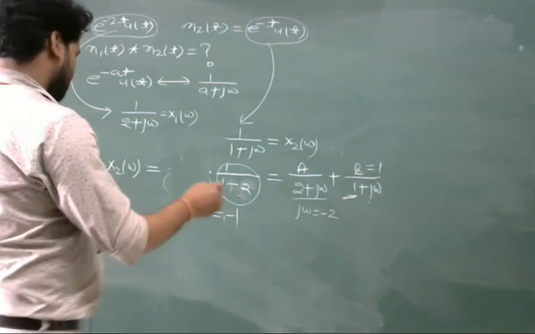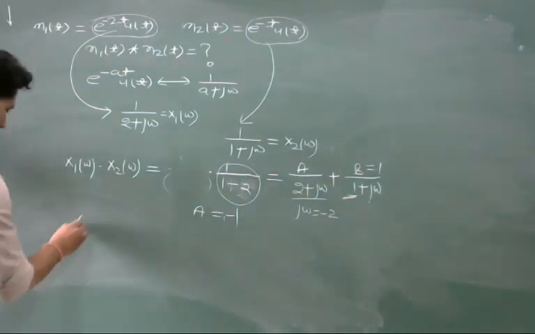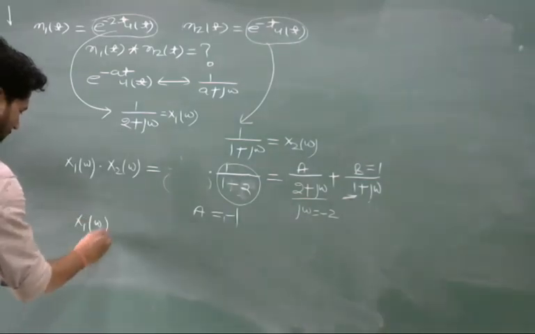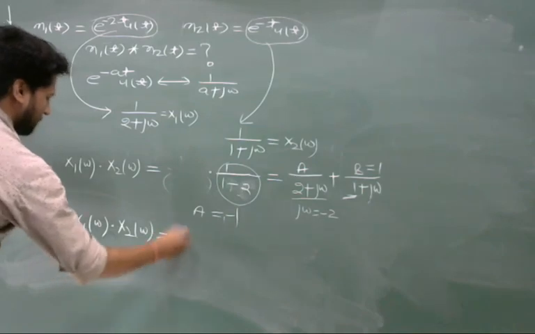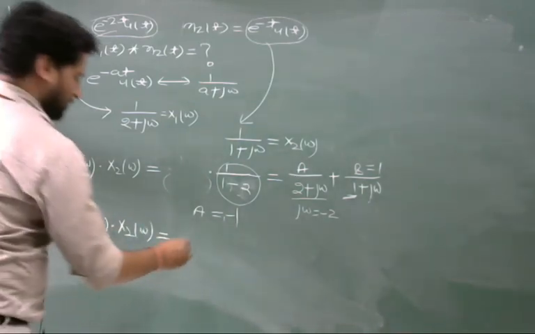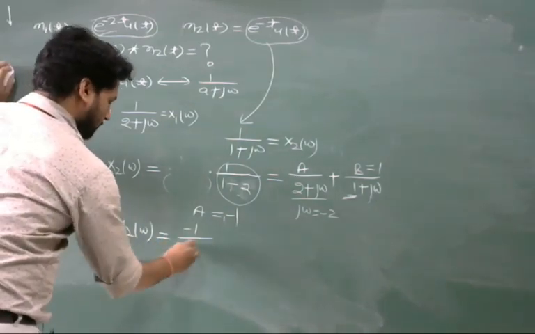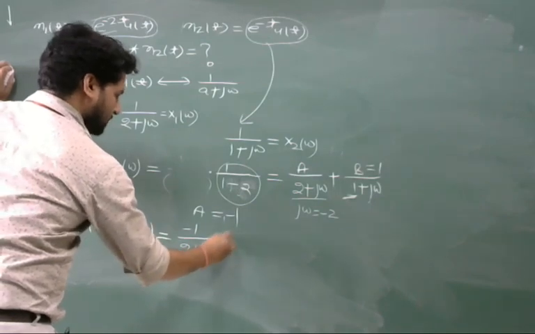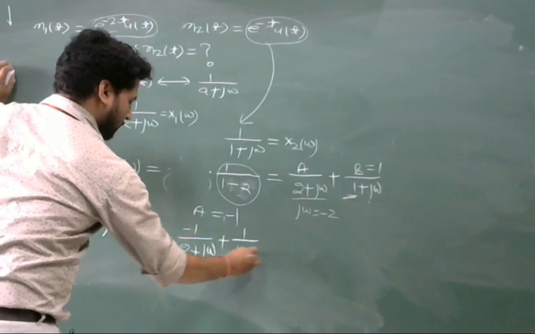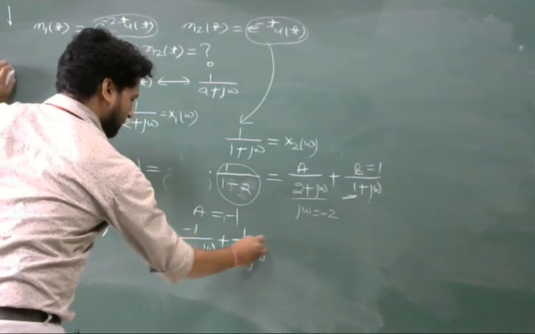So this expression X1(omega) into X2(omega) can be written as minus 1 upon 2 plus j omega plus 1 upon 1 plus j omega.